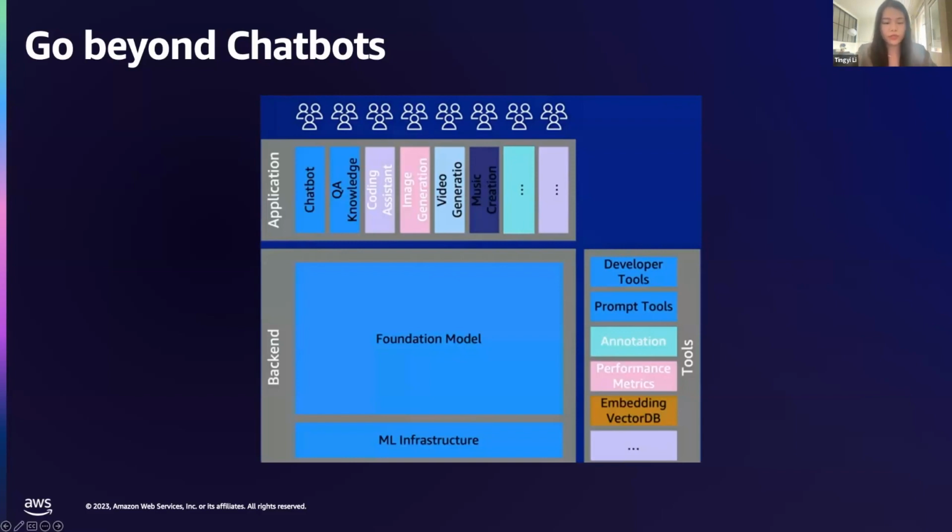For instance, as you can see from the picture here, at the top layer is the application layer, or the front end. This indicates how your customers will be interacting with your application and your models, and how they're going to consume the products. For instance, you may have multiple different engagement resources or channels to interact with your customers.